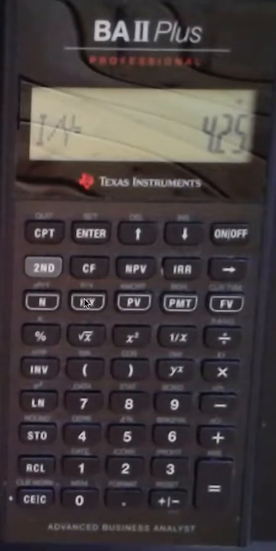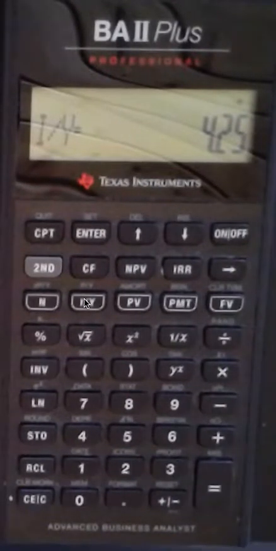So therefore, the BA II knows that the compounding period has been changed to 12. So in a way, it has already divided the 4.25 by 12. So all you have to do when you're doing this type of problem is just put in what the nominal rate happens to be. So we're all set. We put in the total number of periods.